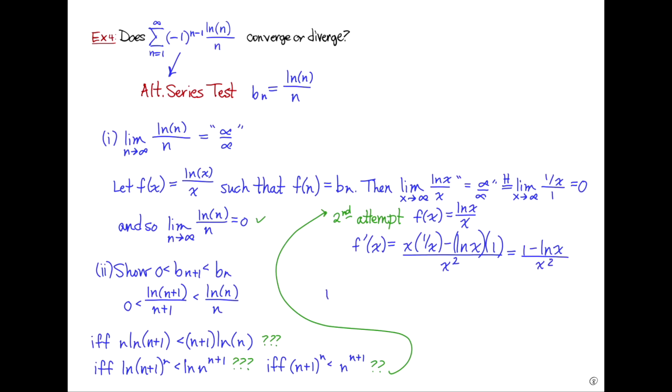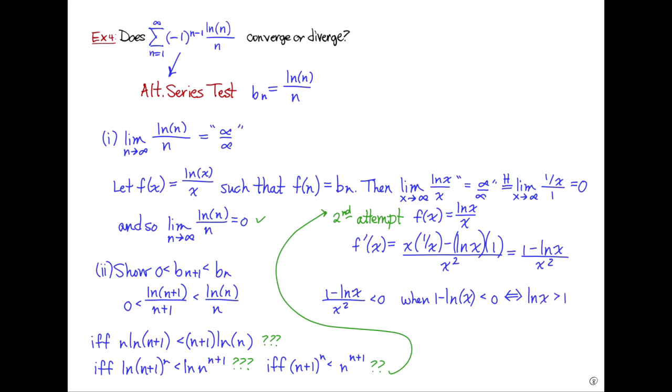1 minus the natural log of x over x squared will be less than 0 when 1 minus the natural log of x is less than 0, since the denominator x squared will always be positive for all x. And adding the natural log of x to both sides, we have the natural log of x greater than 1.